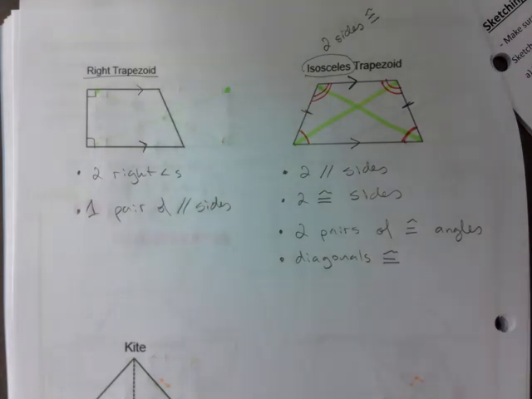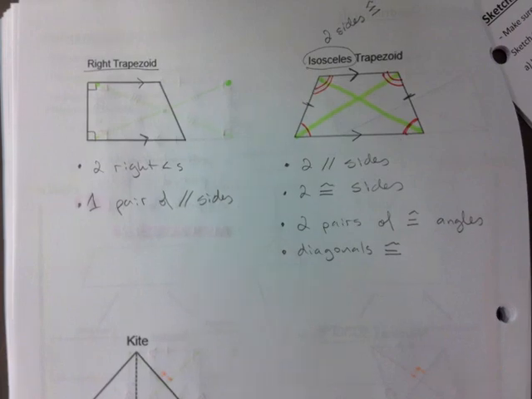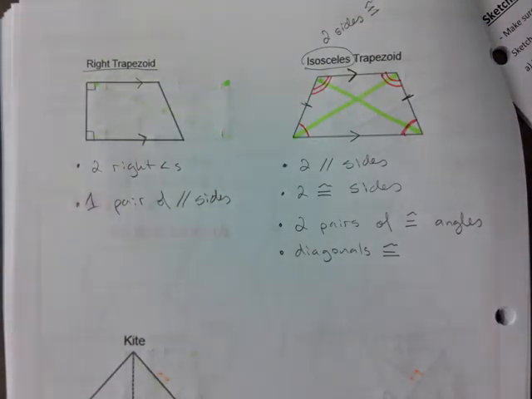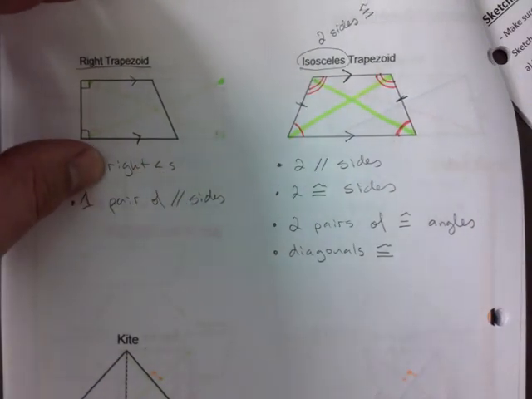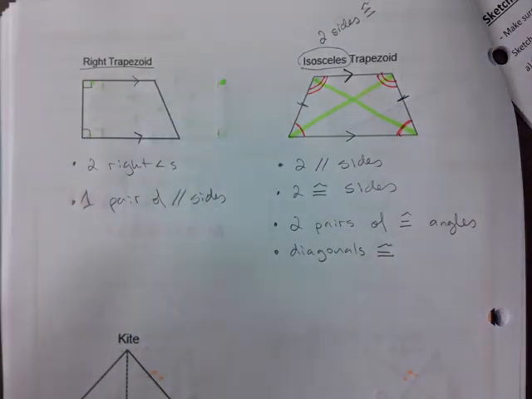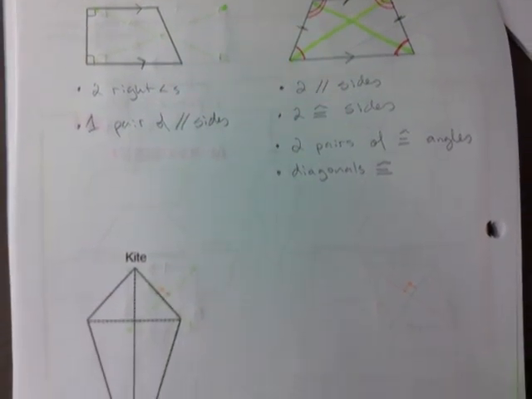Okay. And the last one, the kite. How many trapezoids? Only two. How many of the first category? Four, right? You've got the parallelogram and the rectangle. You've got the rhombus and the square. They're kind of related. And then we've got the two trapezoids. And here we go, the last one.